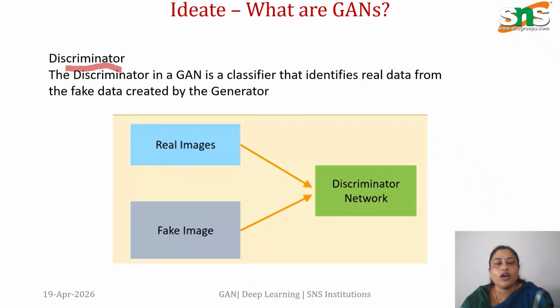It has to give the output: yes, real, or no, fake. So in the discriminator network, you get samples both from the database, the real images, as well as the fake images generated by the generator, which are forwarded to the discriminator to predict whether it is real or not real.